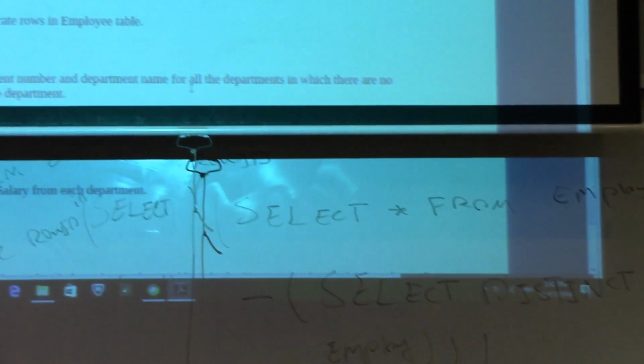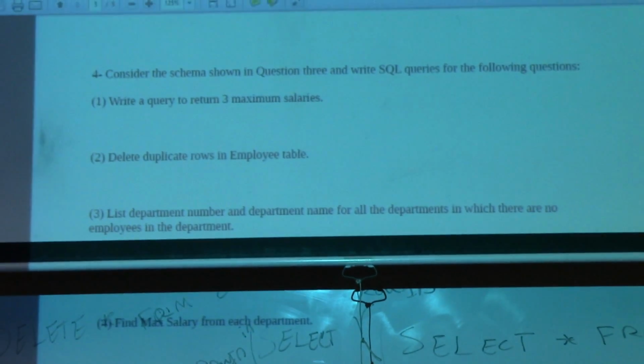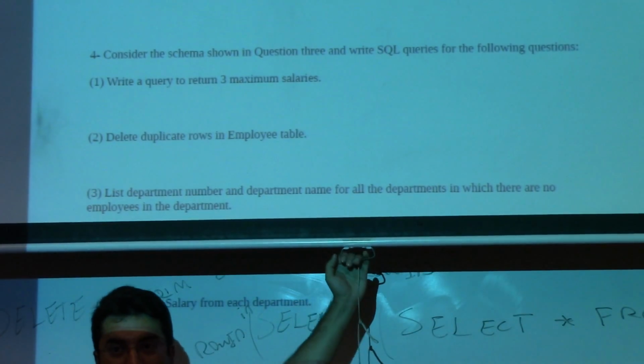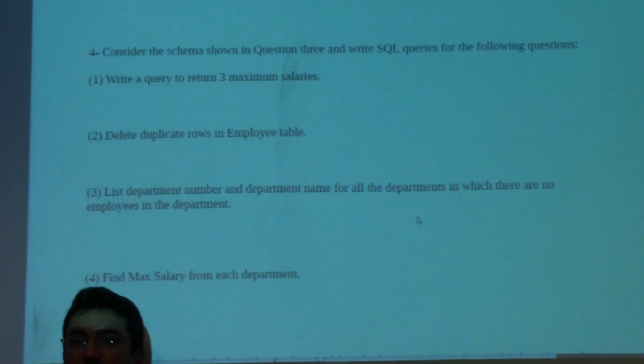Next: list the department number and department name for all departments in which there are no employees. How do you write this? How do you solve this problem?